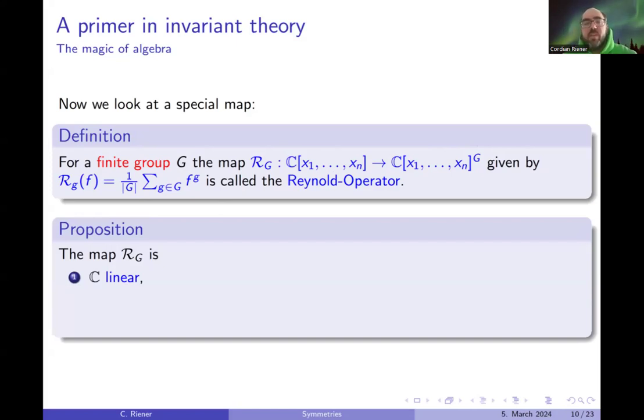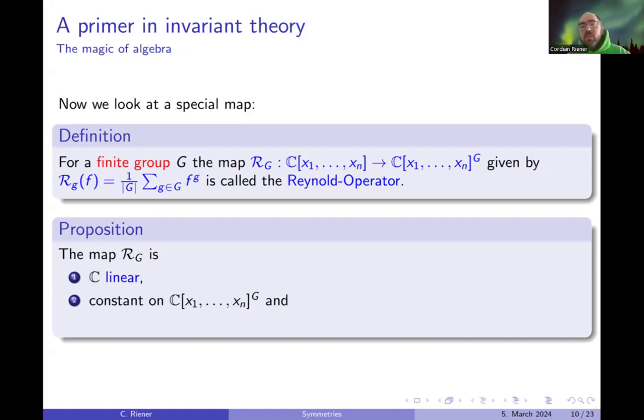Okay, very easy to see. The second one is, and this is again why I defined this 1 over G in the beginning as a normalizing constant, that this will give a map that is constant on the subring of invariant polynomials. So it's a projection, if you want.